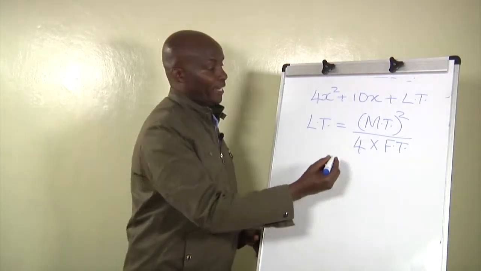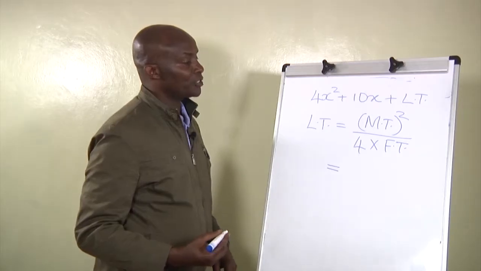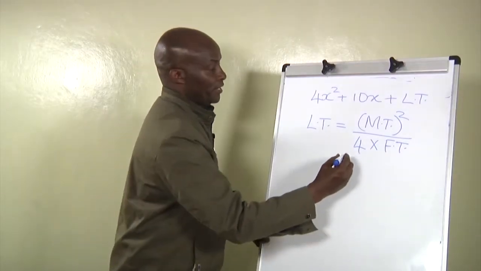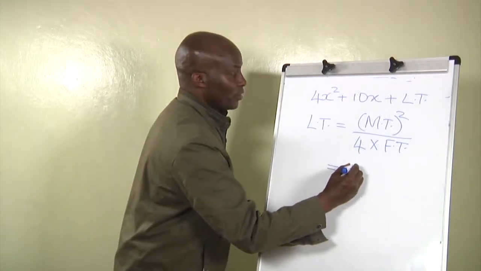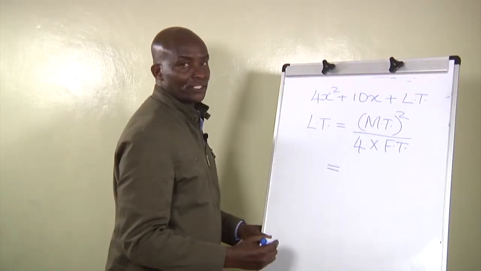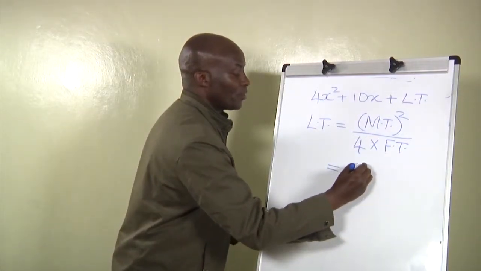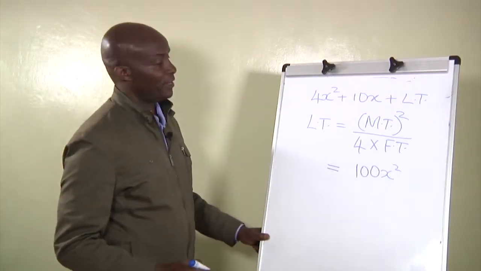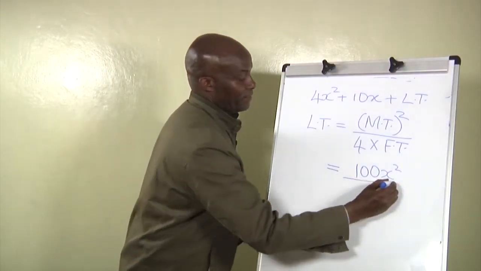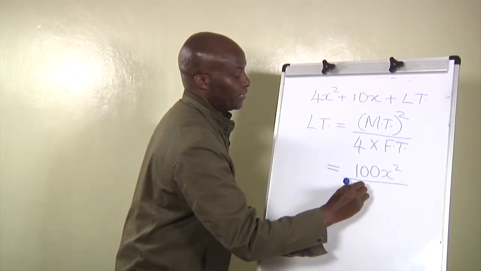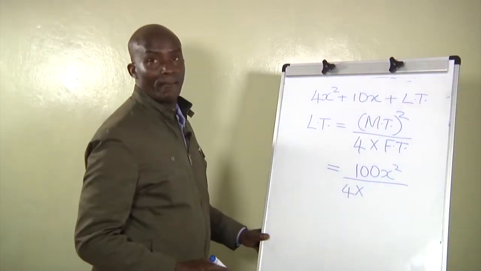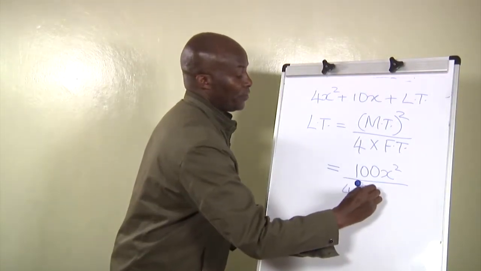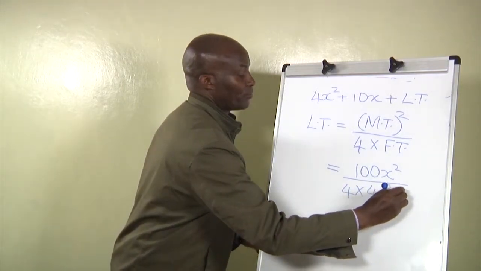So you enter the middle term squared. If we have 10x squared, it becomes 100x squared. And then divide this by 4 times the first term, which is 4x squared.